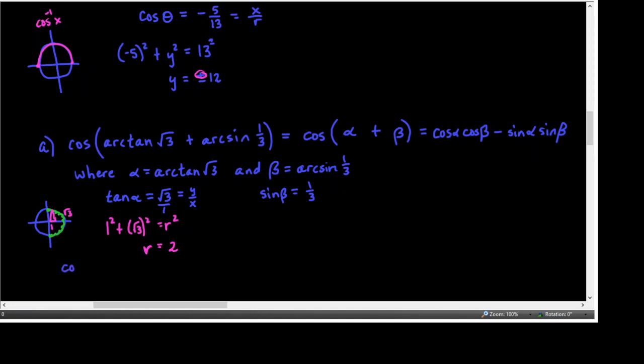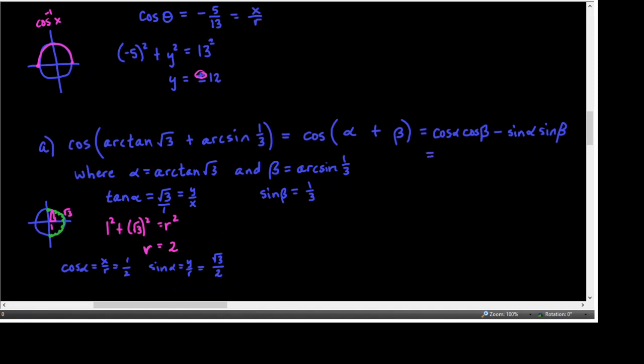The cosine of alpha is x over r. And in this problem, x was 1 and r was 2. And sine of alpha, which is y over r, will be square root of 3 over 2. Okay, so now we know cosine alpha and sine alpha, and those can be substituted in over here in a minute.